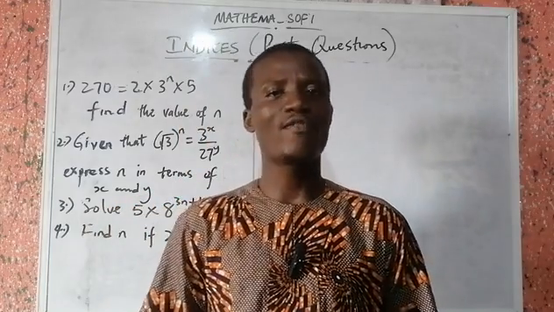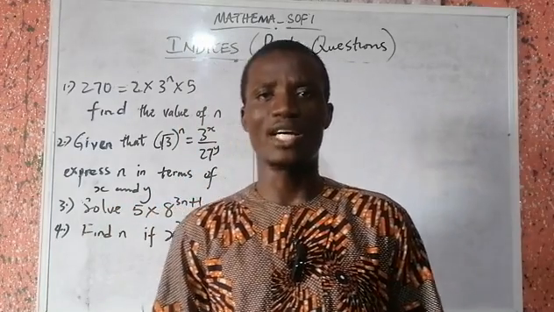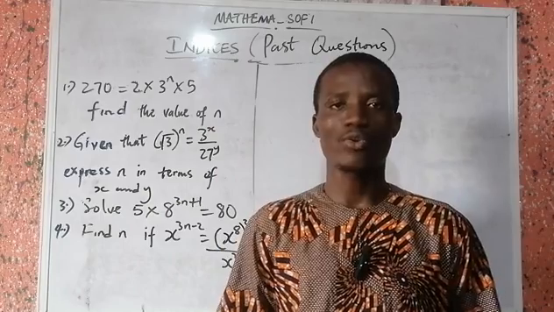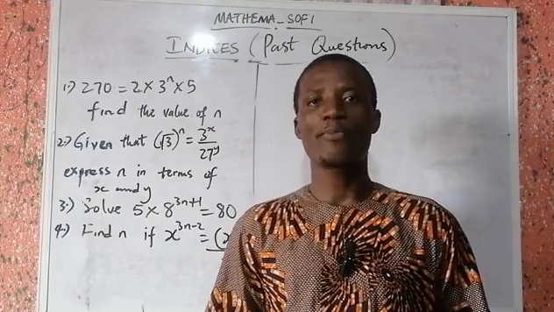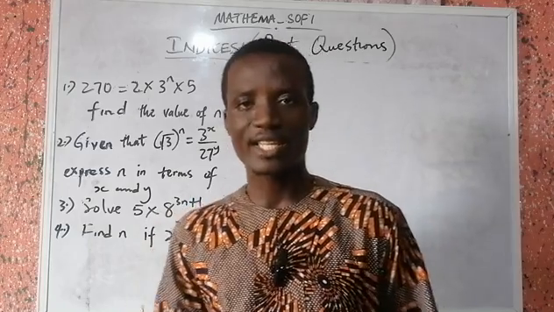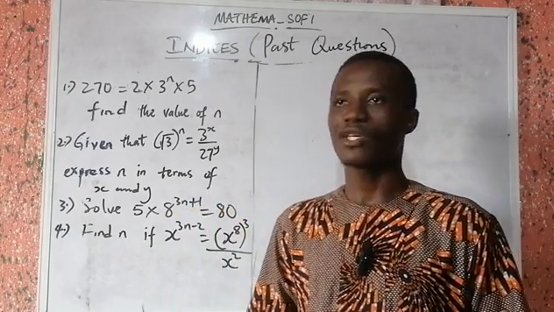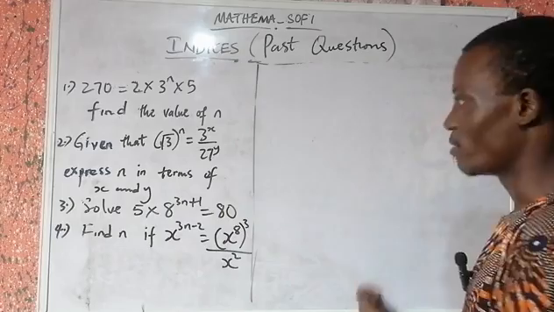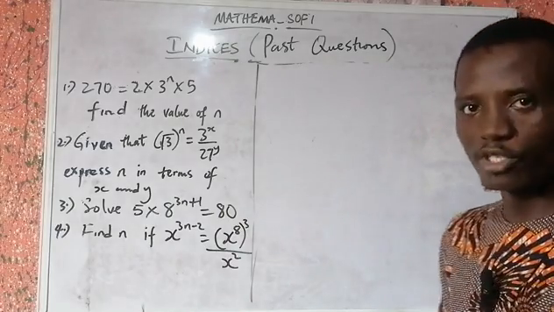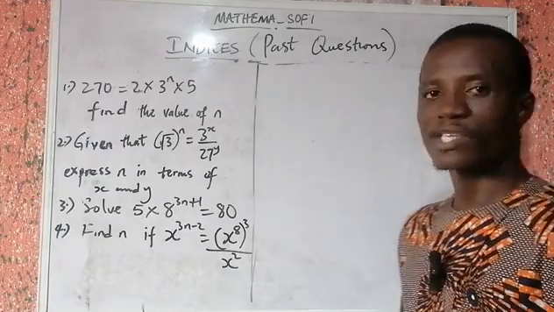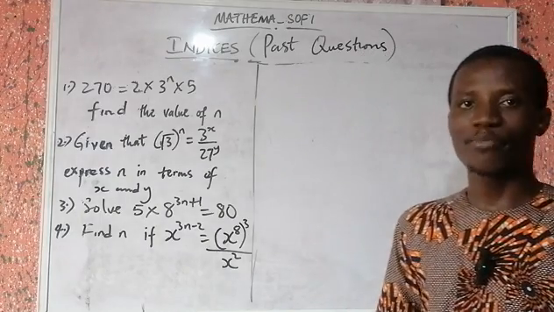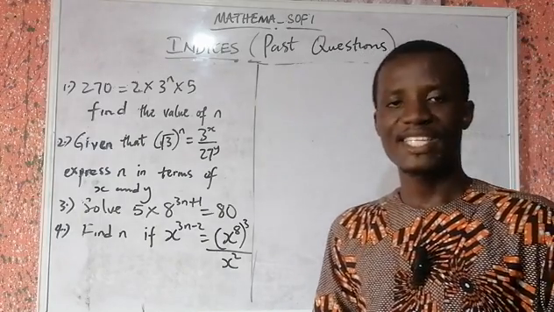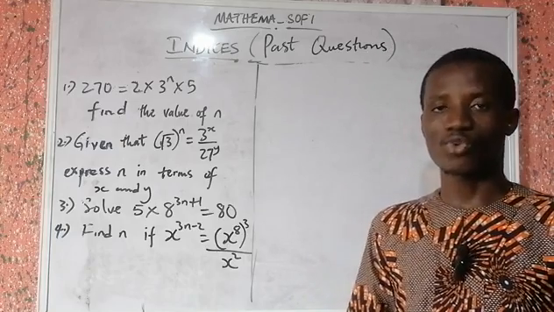And today we'll be solving some past questions on indices just to step up our knowledge in the indices class that we've been having. So today we have 4 questions on the board, and these are 4 questions based on indices leading to equations.